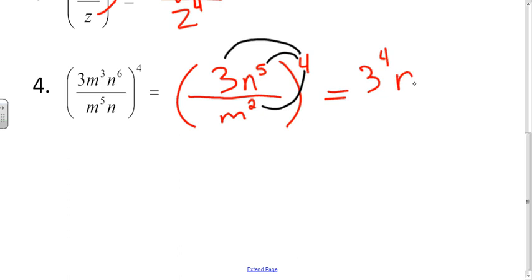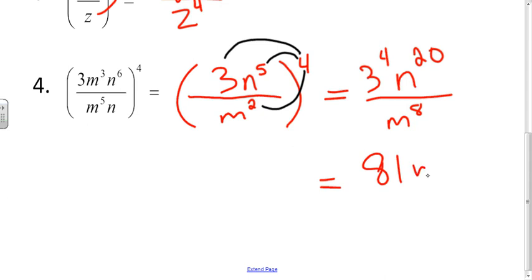I'm going to multiply those two, n to the 20th. M squared to the 4th, multiply those two, m to the 8th. I can further simplify this. 3 to the 4th, 3 times 3 is 9, 9 times 3 is 27, 27 times 3 is 81, n to the 20th over m to the 8th. And that's how we find powers of products and quotients.